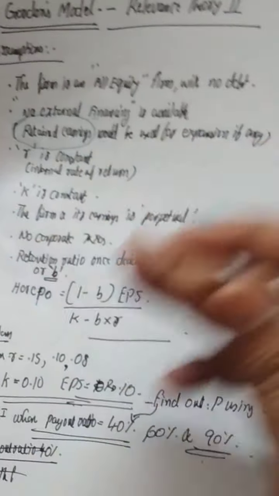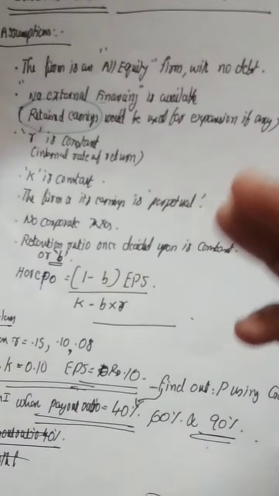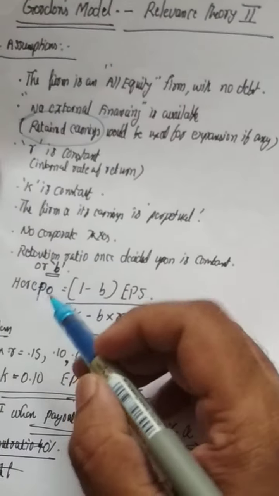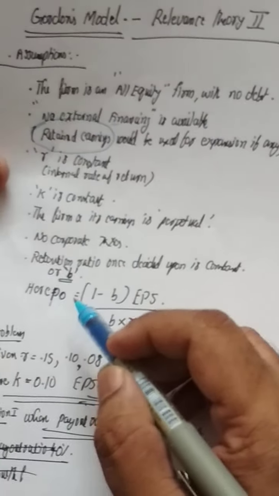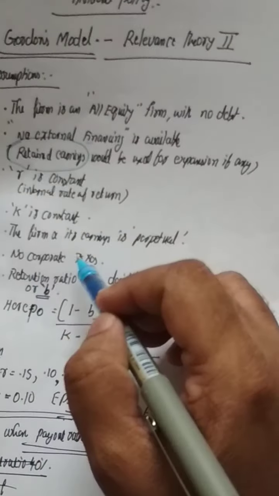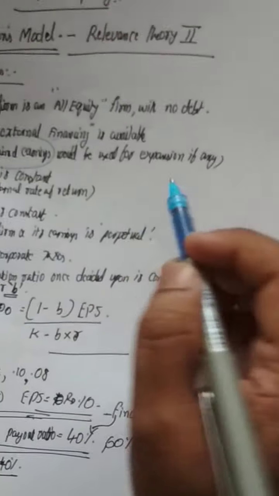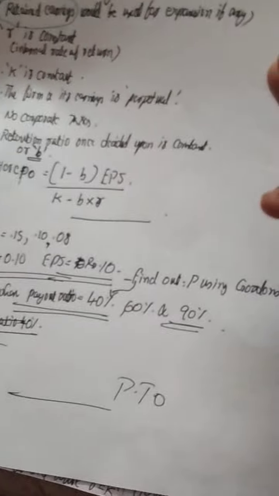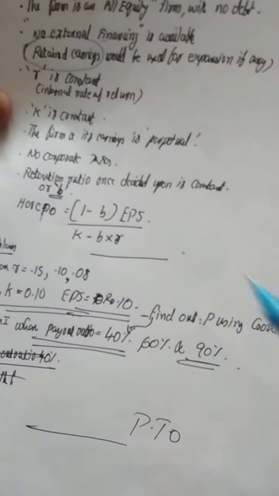There are no such companies in India where corporate tax is not applicable. But in order to prove this model, we are applying this assumption that there is no corporate taxation. Then the retention ratio, once decided upon by the company, will be kept constant. What is retention ratio? How much you transfer to reserves from the accumulated profit is called the retention ratio. It will be kept constant.